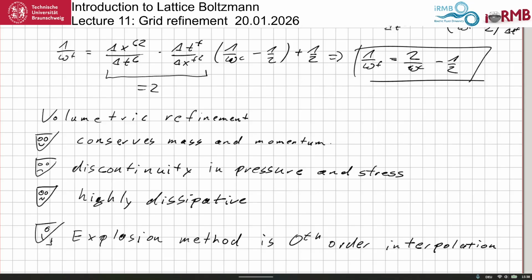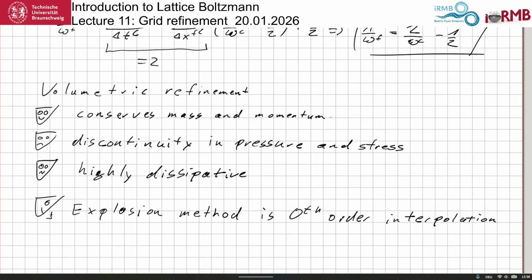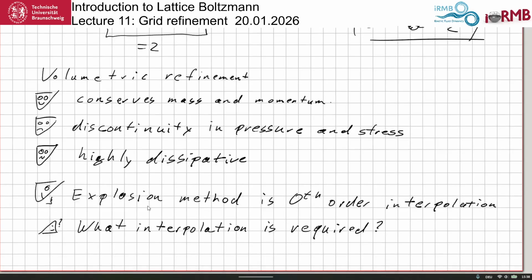So why is this bad? Question: what interpolation would you use for solving the Navier-Stokes equation? What order would you use?